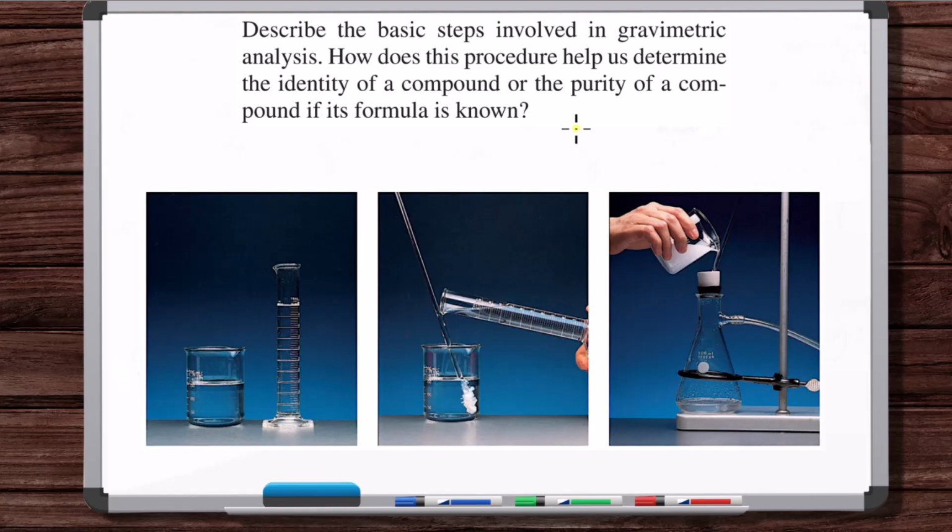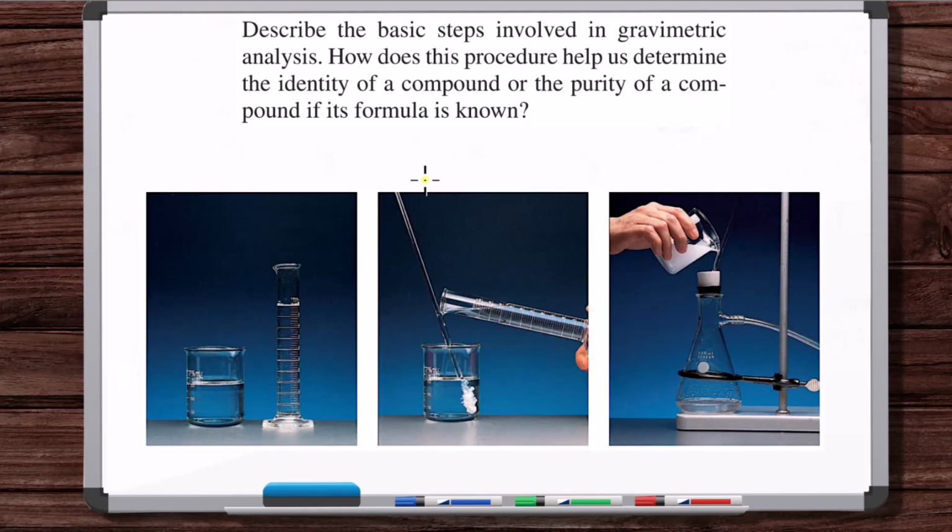But if the original compound wasn't pure, say we were dissolving sodium chloride in here and we weighed out 6 grams of sodium chloride, if there are some impurities in there, then there's not going to be as many Na+ or Cl- ions floating around as we expect.